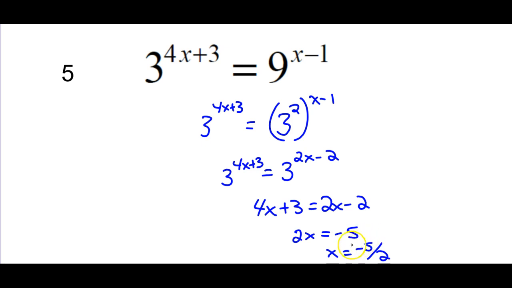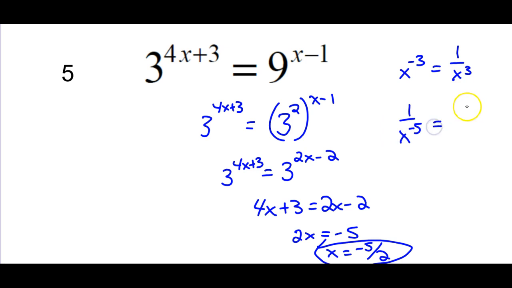So it's okay to have a negative value in our exponent. Recall that if we have x to the negative 3, that's the same thing as 1 over x cubed. Or if we have 1 over x to the negative 5, that's the same thing as x to the 5th. So it just switches the number from the numerator to the denominator, or the denominator to the numerator, if it's negative.